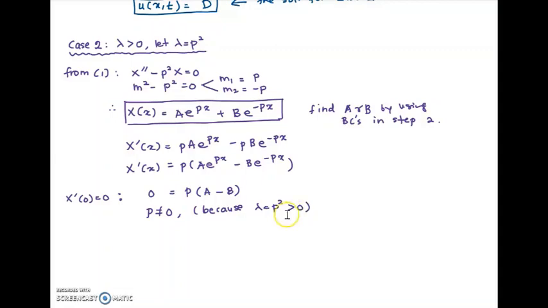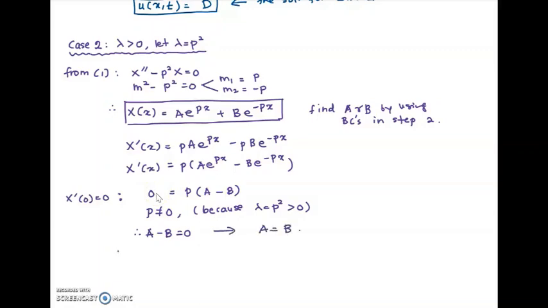If we let p equal 0, then we disobey this. So p cannot be 0 in order to maintain lambda equals p squared, which is not 0. It should always be greater than 0. So the one that needs to be 0 is a minus b. Therefore, a minus b needs to be 0 in order to have the equation equal to 0 at the left. So by that we have a equals b.